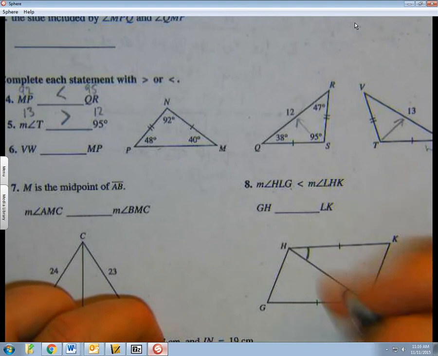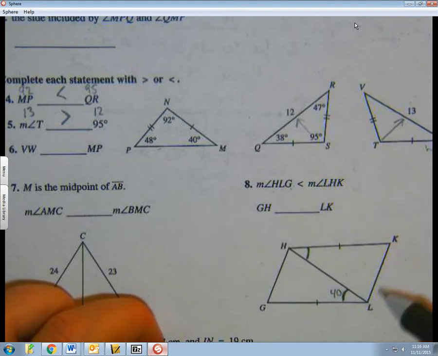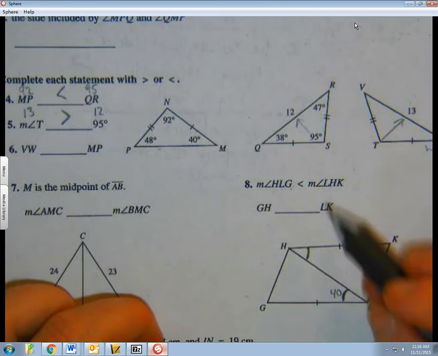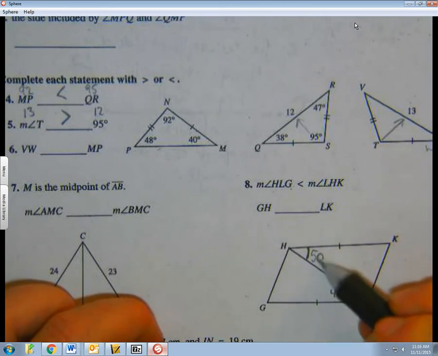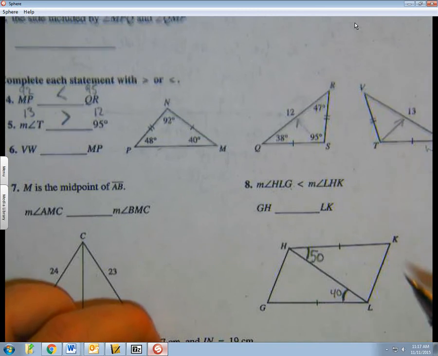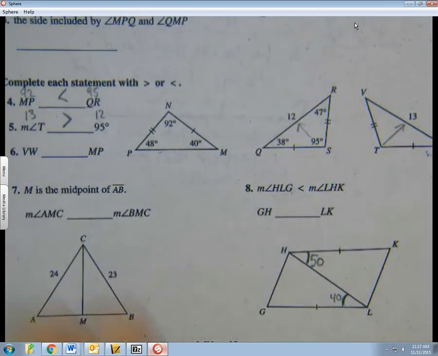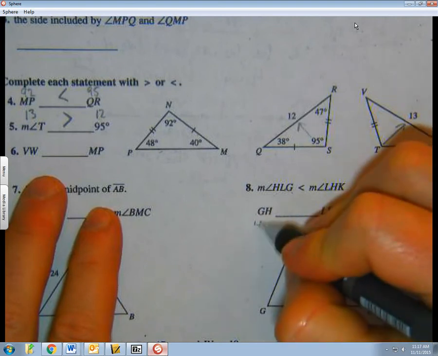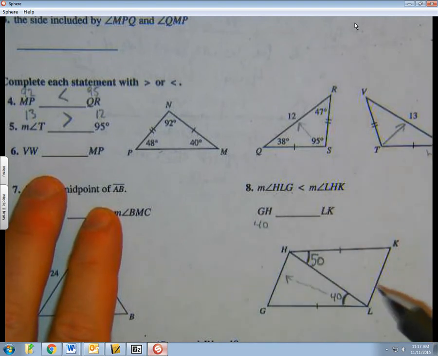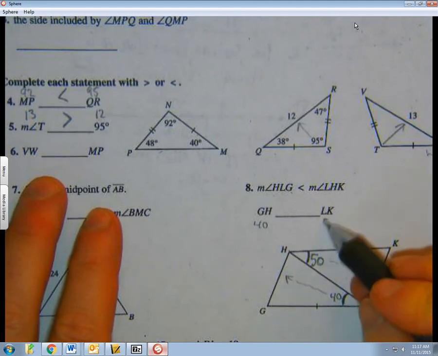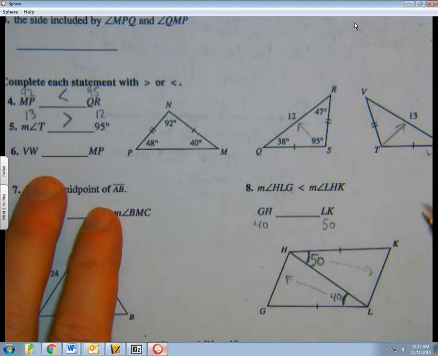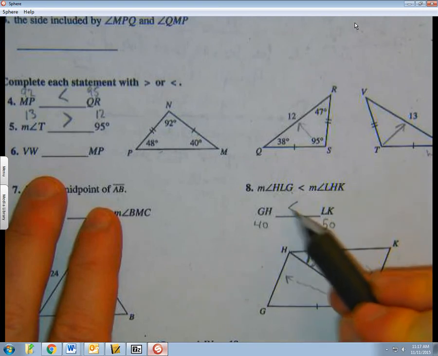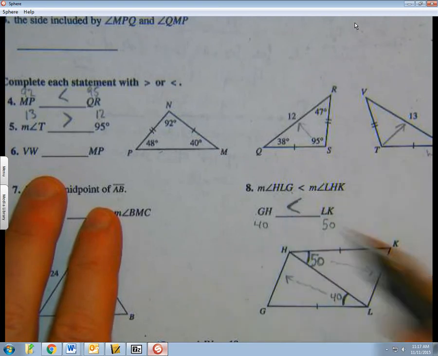Let's say that's 40. LHK, bigger than that. Let's say it's 50. Okay, so GH is across from here. That is paired with 40. LK is across from here. It is paired with 50. 50 is certainly bigger than 40.